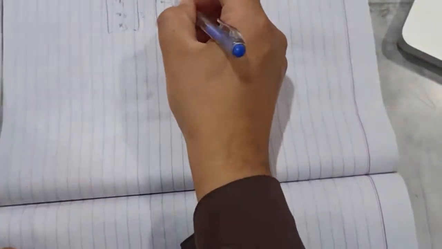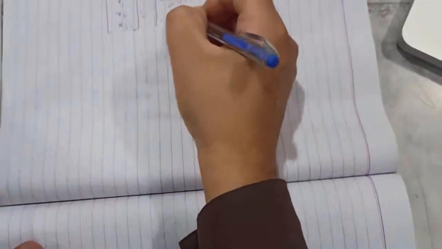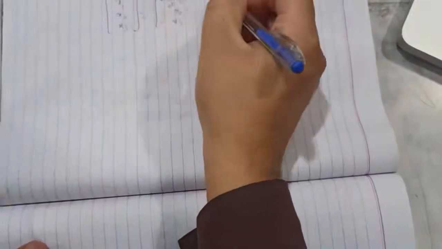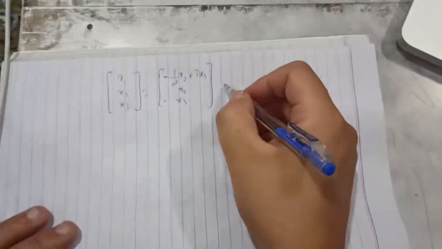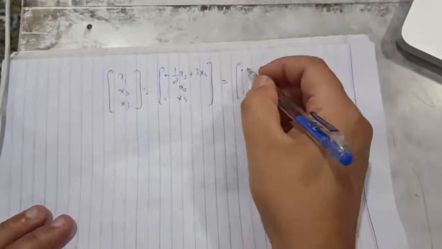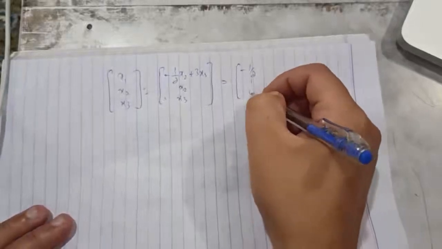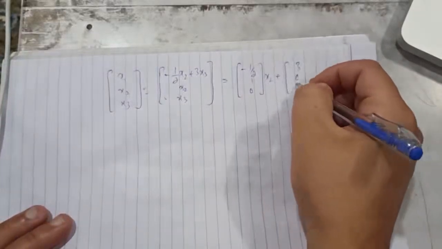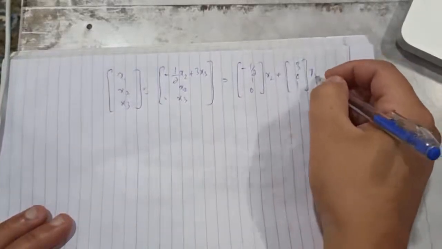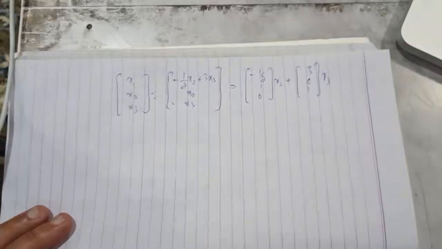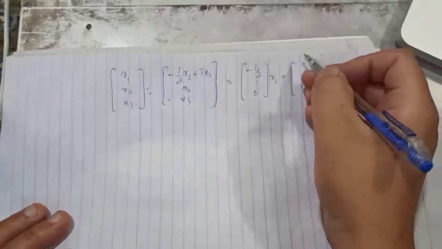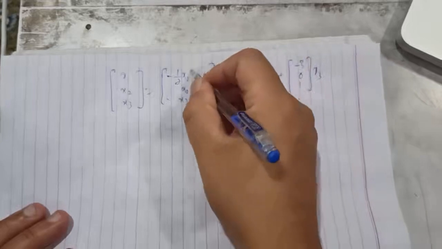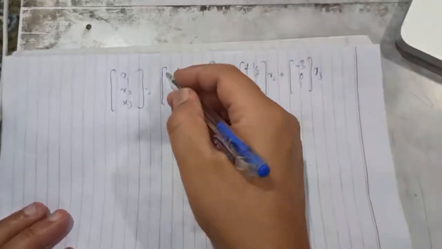Again I can separate that out, which is nothing but x2 times (-1/2, 1, 0) plus x3 times (-3, 0, 1). Sorry, minus 3 here, the minus comes out and it has to be plus here.